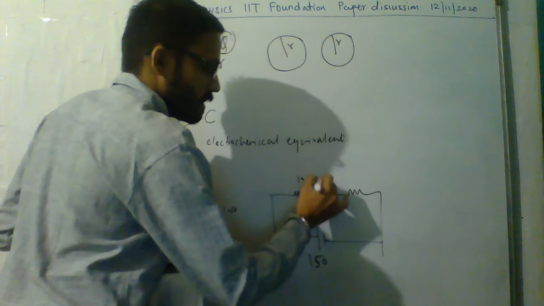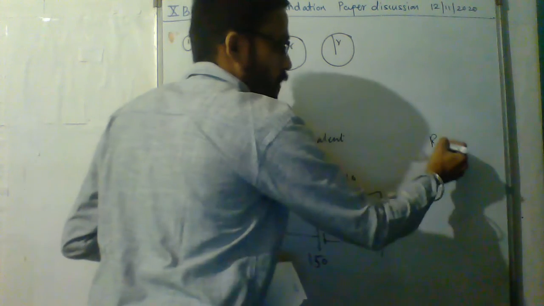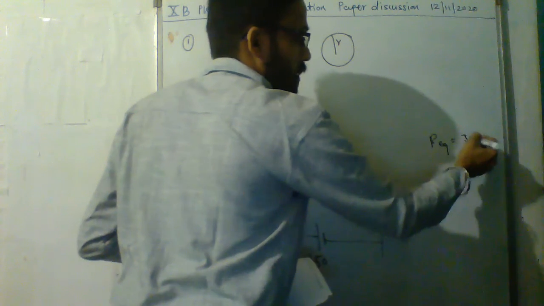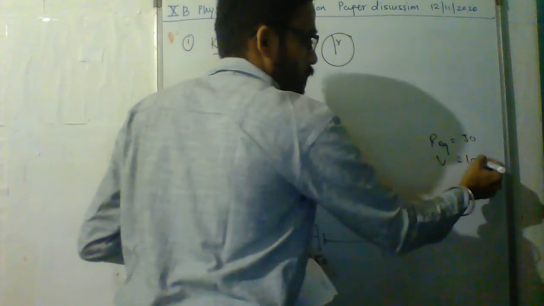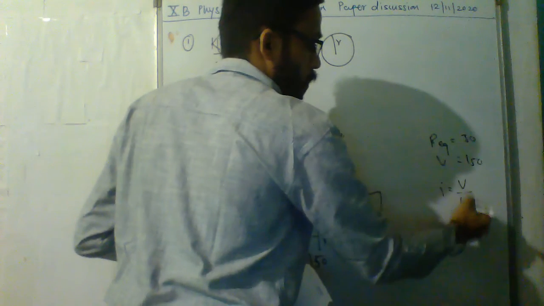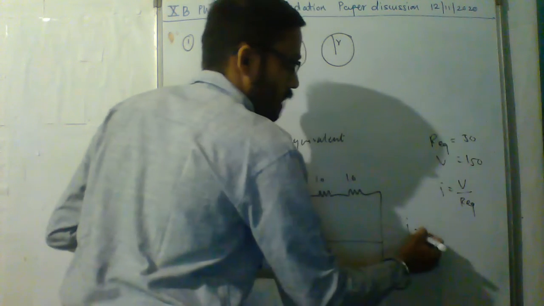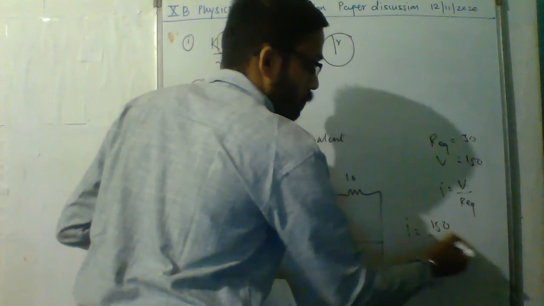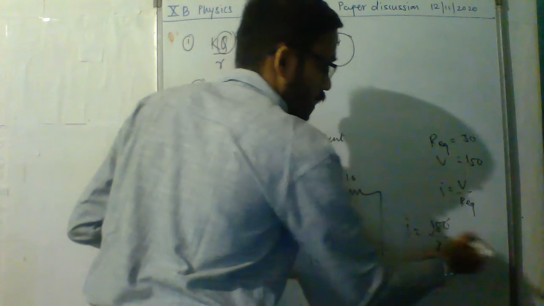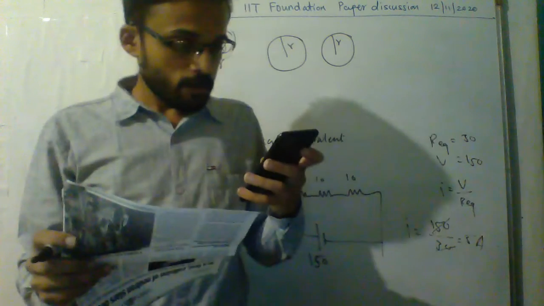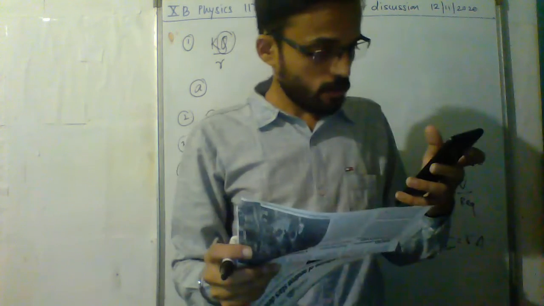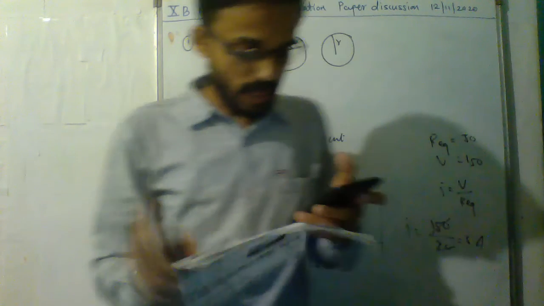So R equivalent becomes 10 plus 10 plus 10, which is 30. V is 150, so I will be V upon R equivalent, 150 upon 30. So I will be 5 ampere. So 6 is B, 5 ampere.